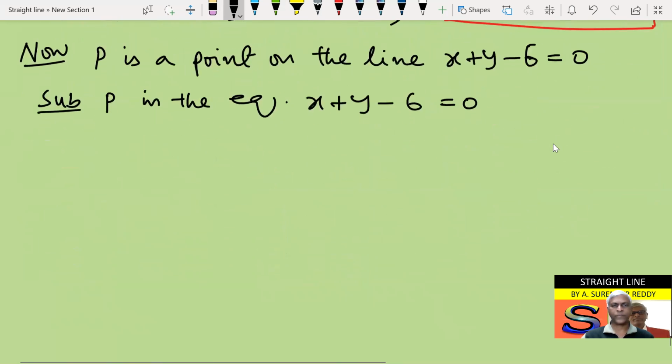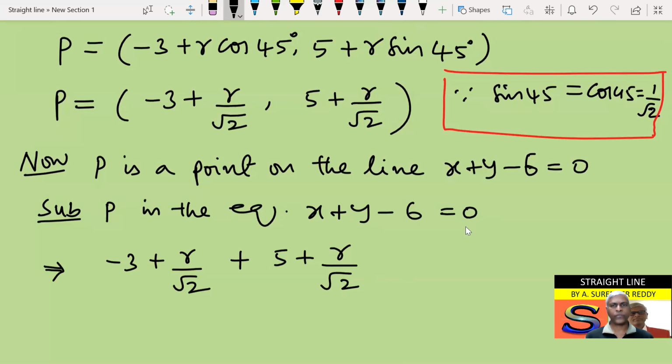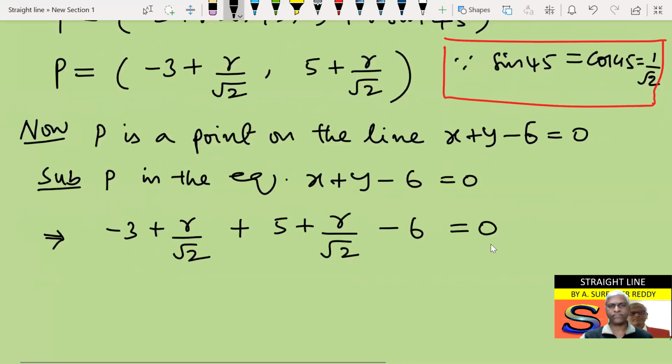Substituting in the given line: x is -3 plus r by root 2, y is 5 plus r by root 2, so (-3 + r by root 2) + (5 + r by root 2) - 6 = 0.